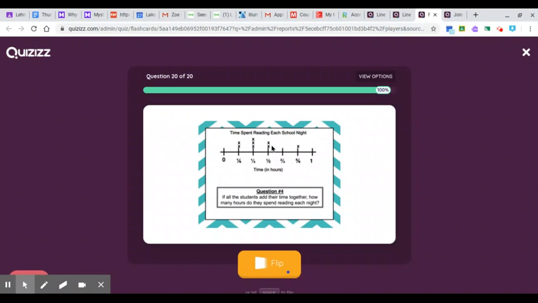If I have 2 halves, I know that's going to be a whole hour, so I might write a whole hour over here, and then start going through and figuring out how many ways I can add up these numbers to make a whole number or really close to a whole number to get that final total of how many hours they read each night.